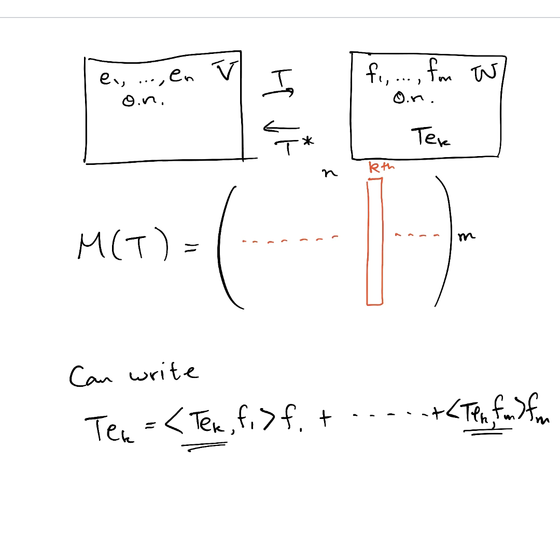Now let's say you wanted the jth entry of that kth column. Say you wanted to see what was in the jth row of that kth column. Well, you would come down here and you would find the jth coefficient.